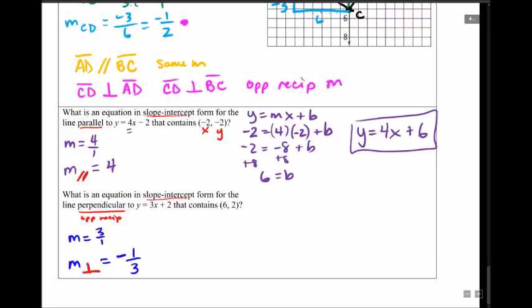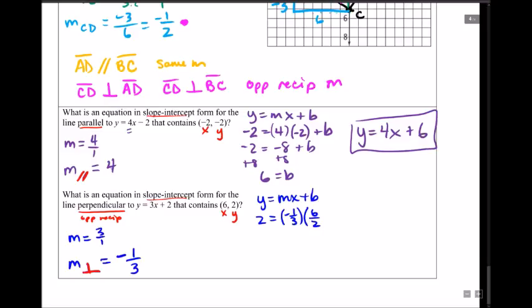So we now have a slope and an x and a y value, and then it's just the same thing we already did. All we need is a slope and a y-intercept, so let's find our y-intercept. We know y equals mx plus b. I have a given y and an m, -1/3, and an x, 6.